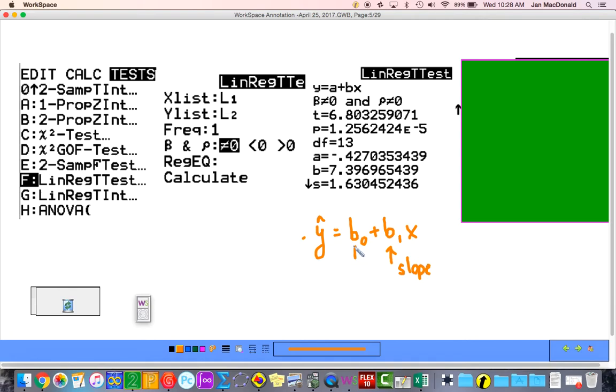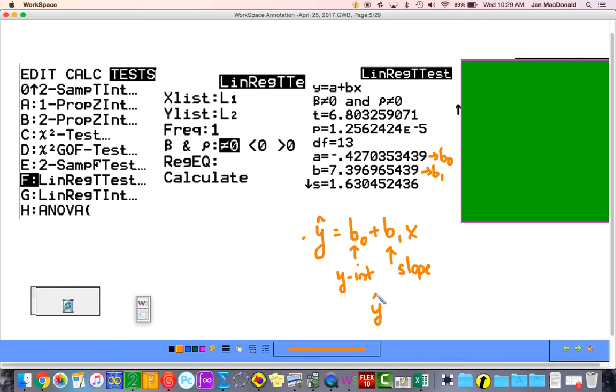And this b naught value is our y-intercept. So where would we find those pieces here? Oh, okay, so they said a is our constant, so this is our b naught. They said b, which is the coefficient of x, is our slope, b1.